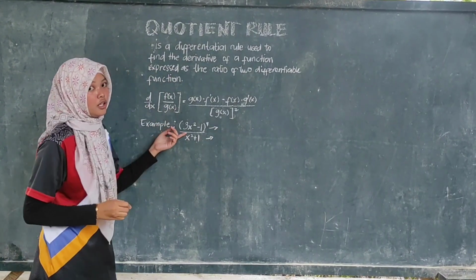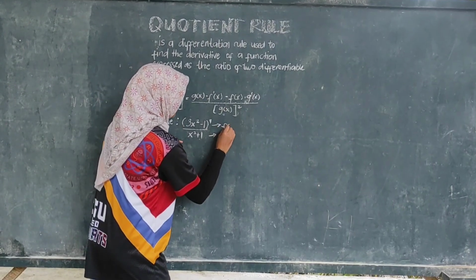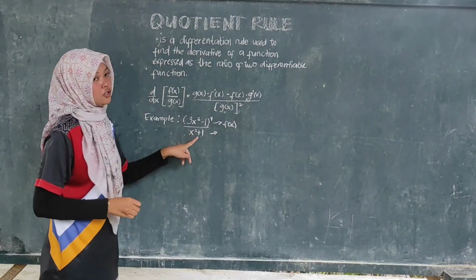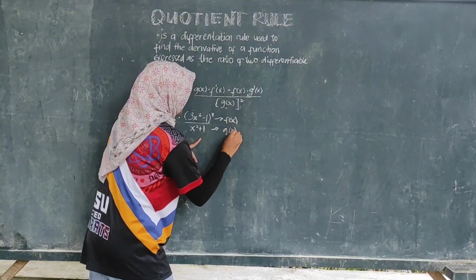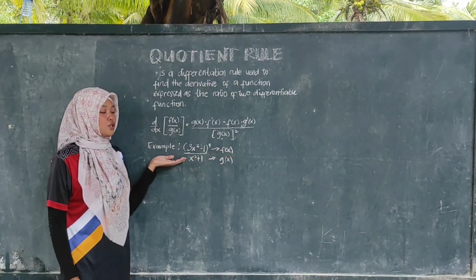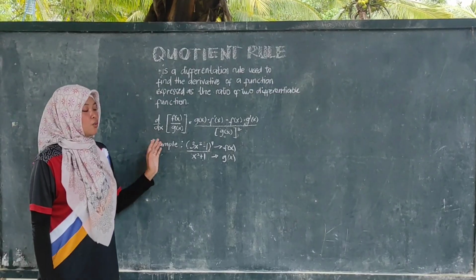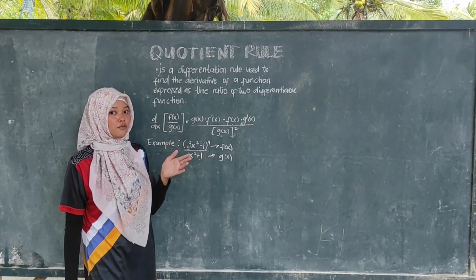So our numerator is our f of x, and our denominator is the g of x. To get the derivative of f of x, we will use the chain rule. Why? Because the numerator is a composite function.